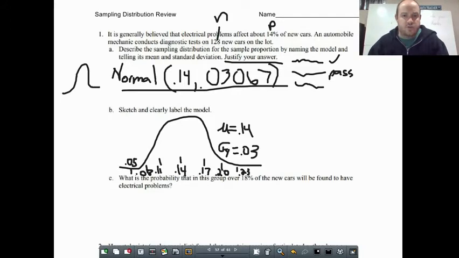So we want menu 55. We're going to go to normal CDF. We're going to go from, what was it, 18? Yes, 18%, so 0.18 up to the 999 rule. And our mean in this case was 0.14. Our standard deviation was 0.03067.